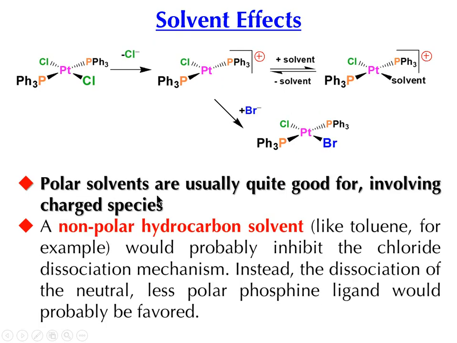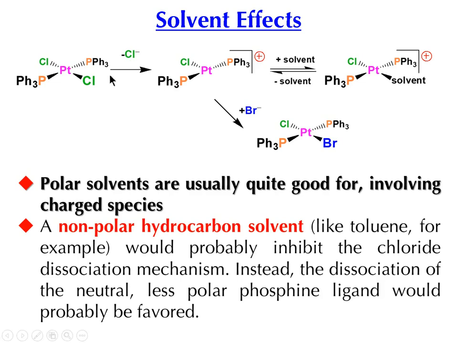So the polar solvents are usually quite good for involving charged species. For example, if we use a polar solvent, the dissociation of Cl- is more favored since the Cl- ligand is charged and can be soluble in the polar solvent.